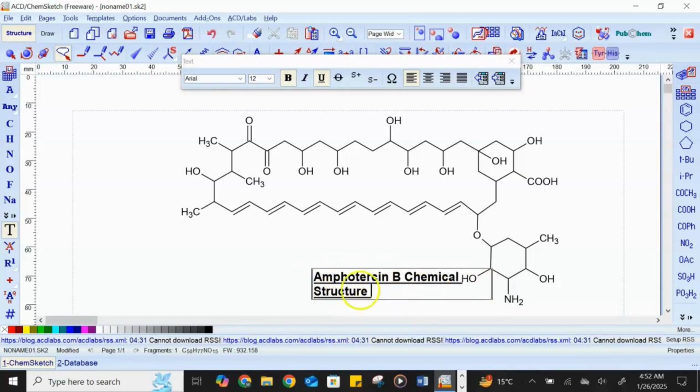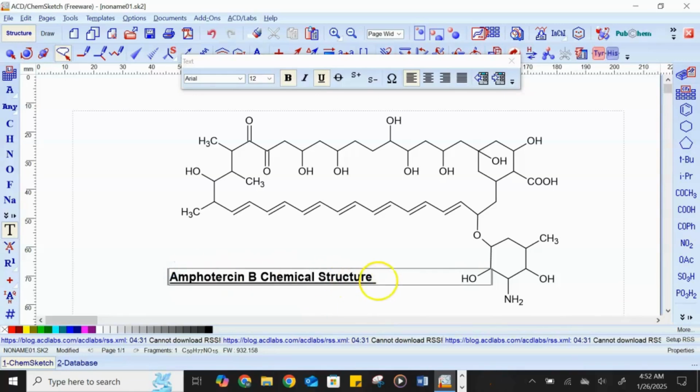I'm just labeling this for you guys to know which compound we have been drawing so far.